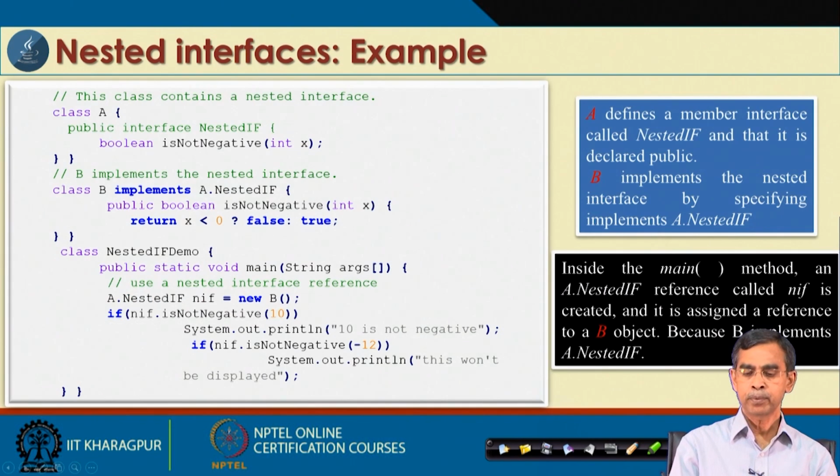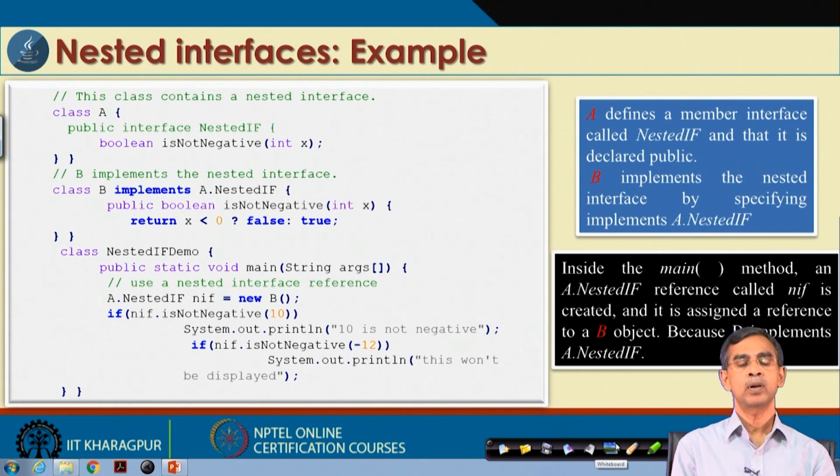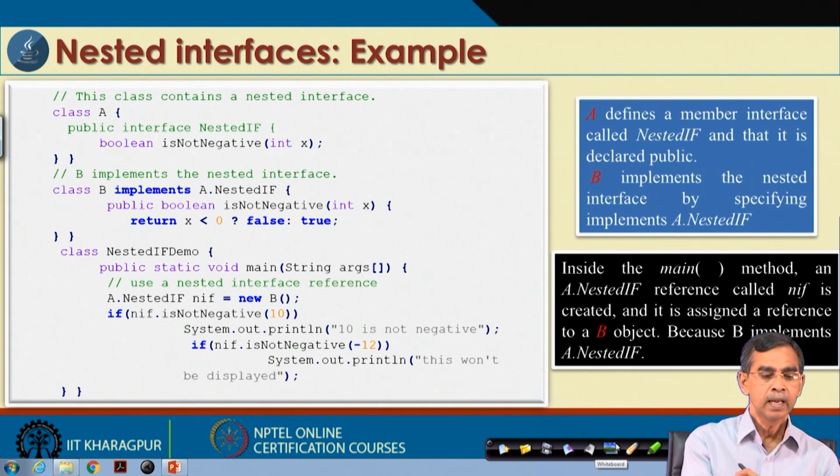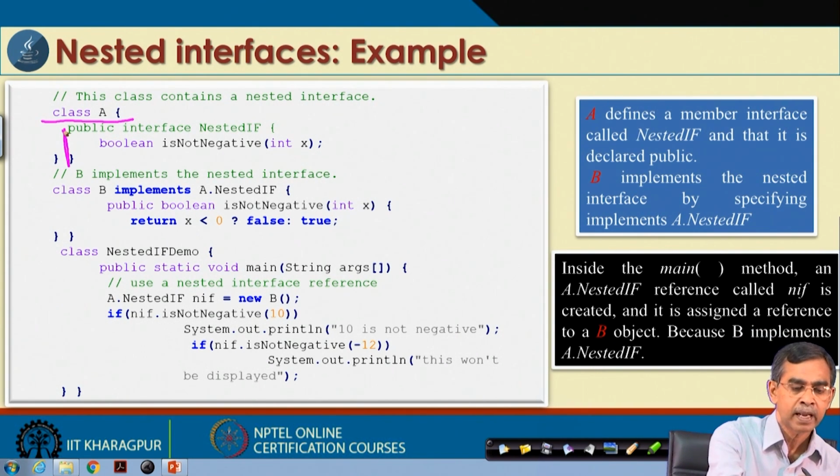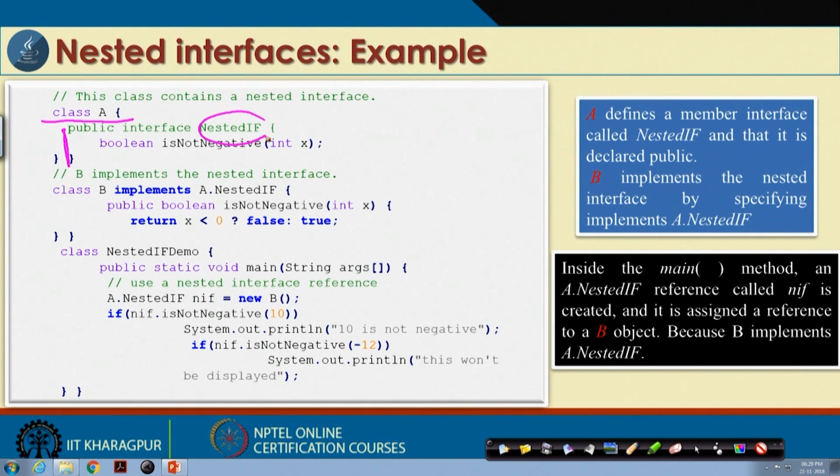Anyway, this is an example of how the nested interface is possible. Now, let us look at this small program here. This is the class A declaration, a standard normal class, and you can see within this normal class we declare an interface. We declare it as nested if, and this has an abstract method. The interface does not have any utilization until you implement it.